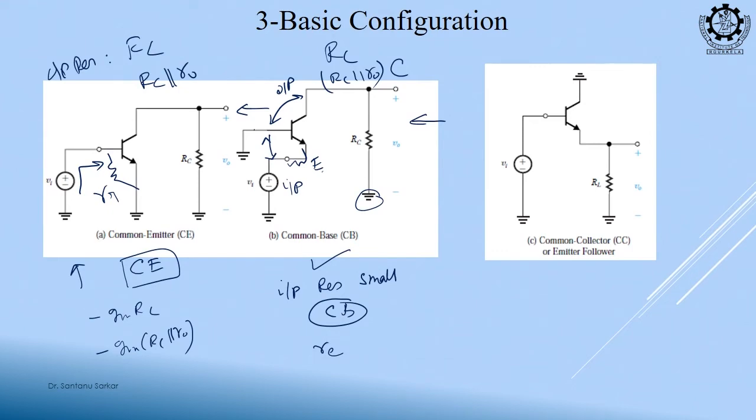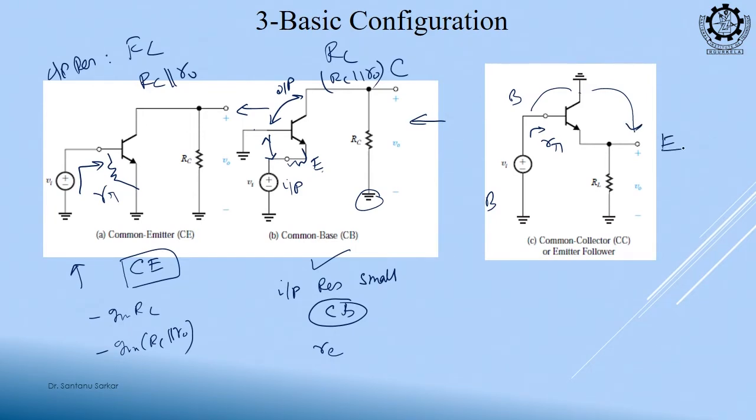Third case, common collector. Input is connected to the base, same as common emitter. So, what is it seeing? R pi. Now, see the difference, common collector. Collector is common to the input, collector is common to the output. So, which is your output? Emitter.